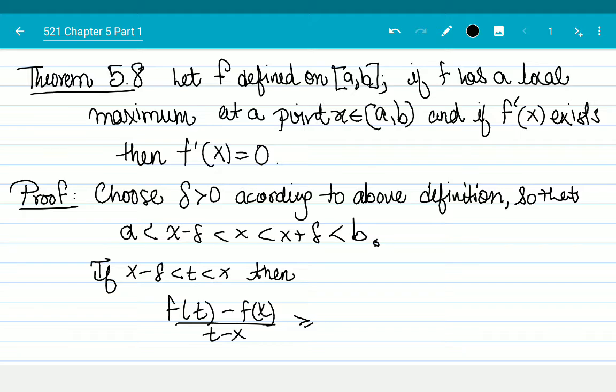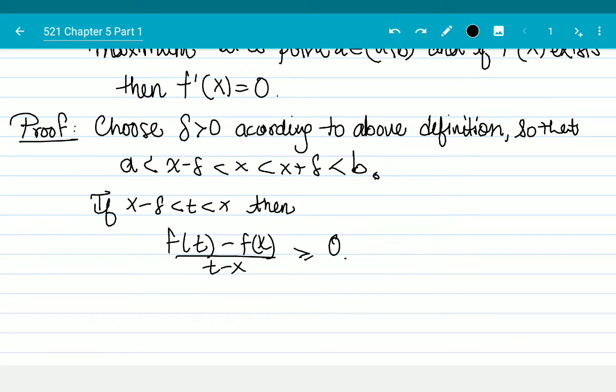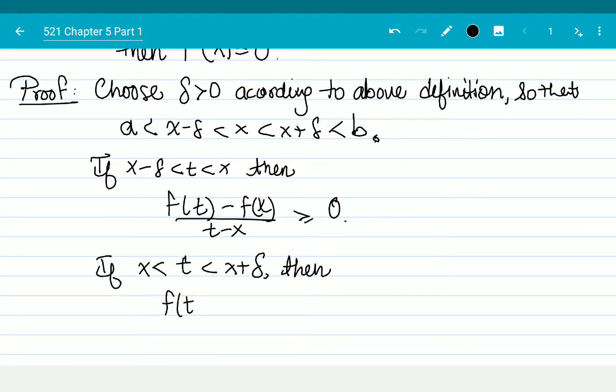The denominator is negative, so this whole thing is positive. Right? If x is smaller than t, smaller than x plus delta, then, once again, because I have the maximum at f of x, the numerator is negative.